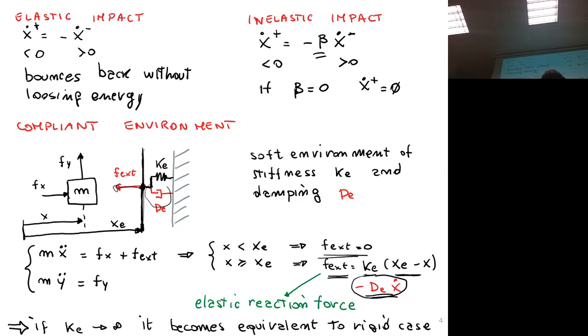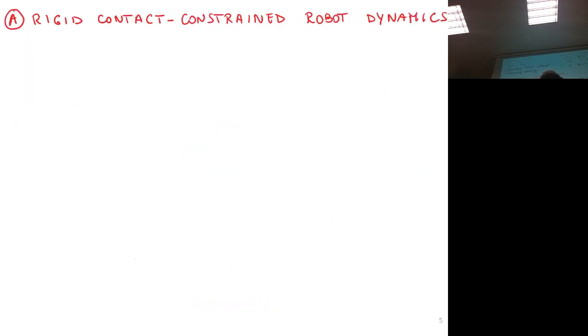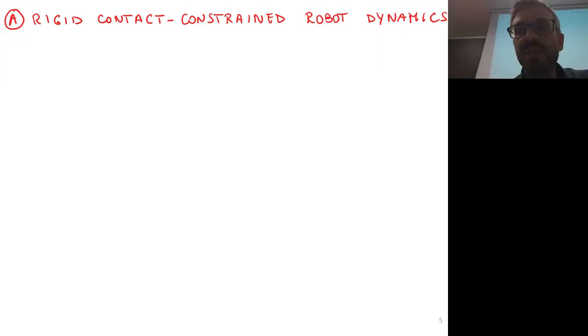Now let's see two ways of modeling this dynamic contact that are consistent with these two simple examples. The first one considers the rigid contact assumption, and it's constrained robot dynamics.